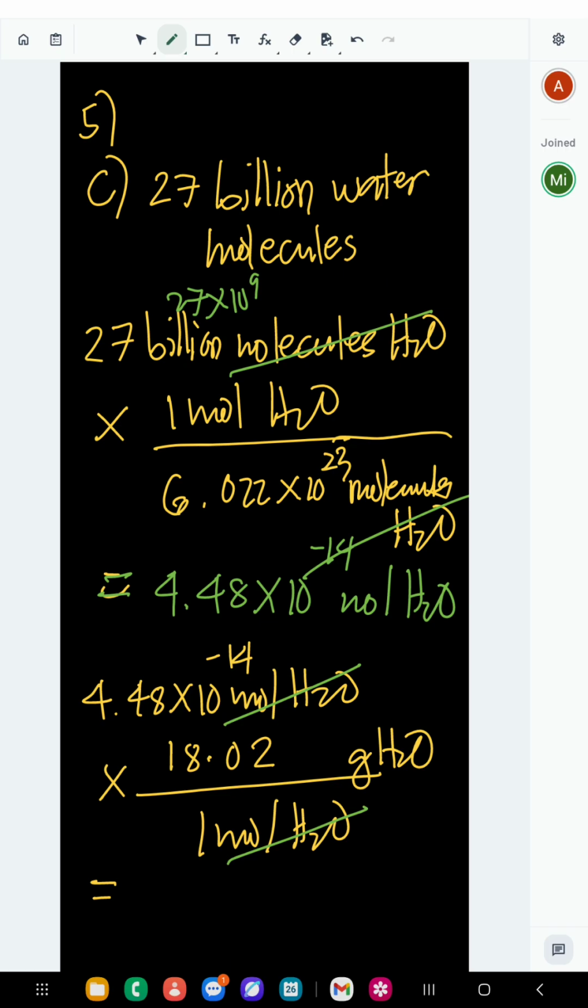I got 8.07 times 10 to the negative 13 grams. You check if you got the same answer.